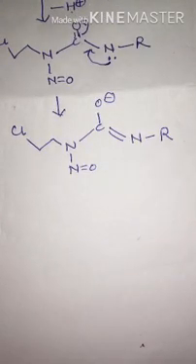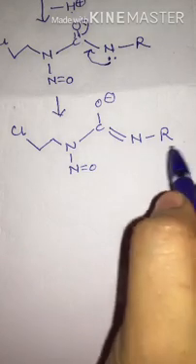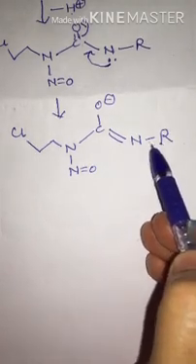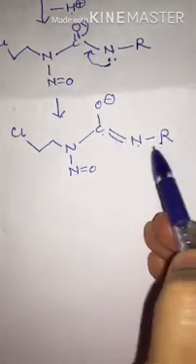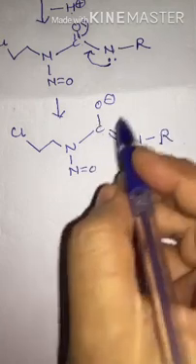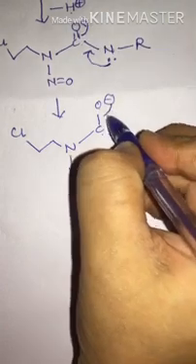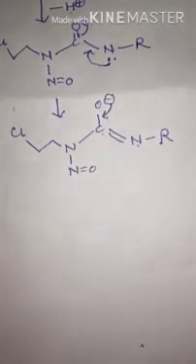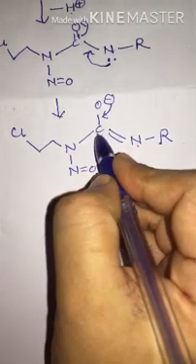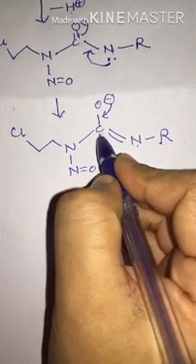Now there is a formation of isocyanate. If you observe the structure, this part RNCO is the structure of isocyanate. This oxygen is unstable. It gives the electrons towards the carbon, then the carbon becomes unstable again.